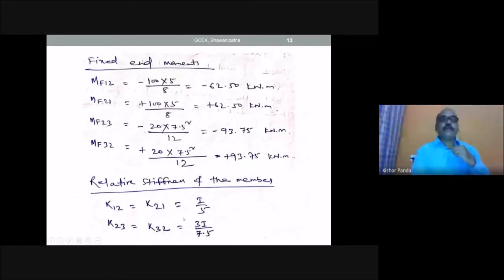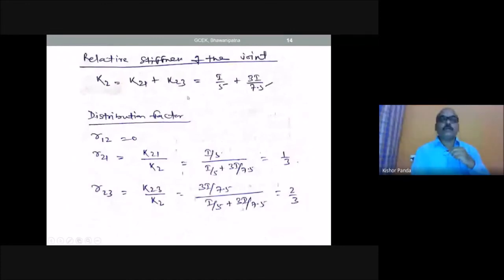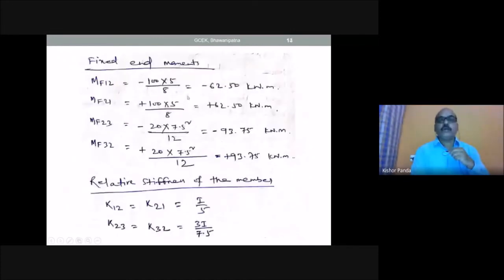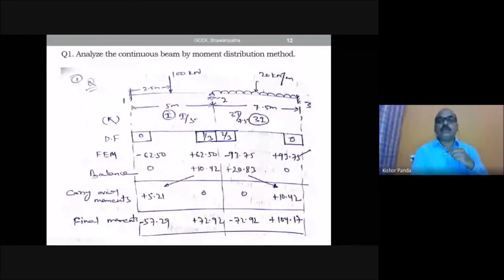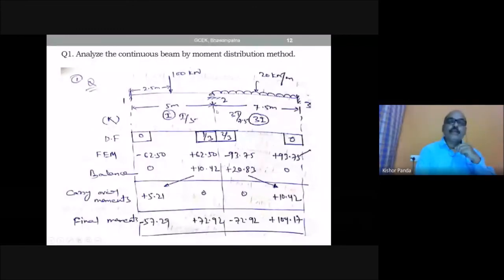Then you have to find the relative stiffness of the joint. So here you see, this is joint 2. How many members meet at joint 2? Two members: one is 2-1 and another one is 2-3. So you have to find the relative stiffness of joint 2.